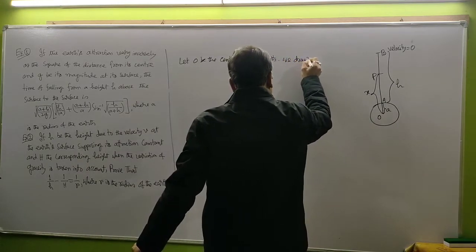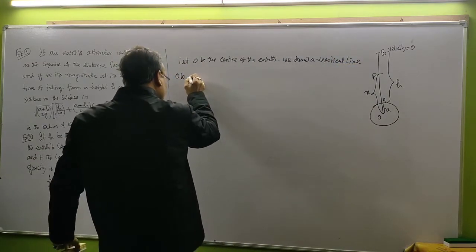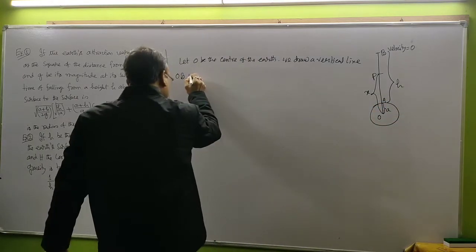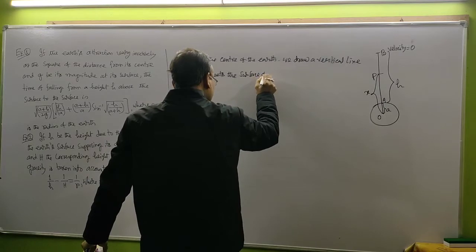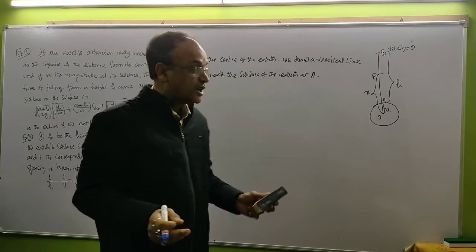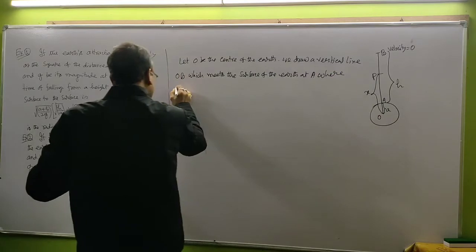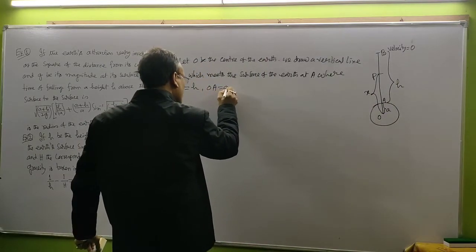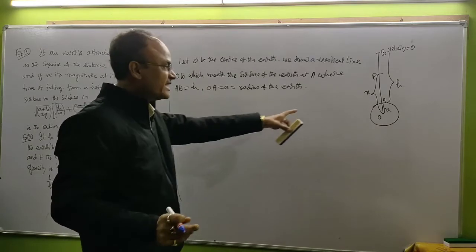We draw a vertical line OB, which meets the surface of the earth at A, where AB is equal to h, and OA equal to small a, which is the radius of the earth.